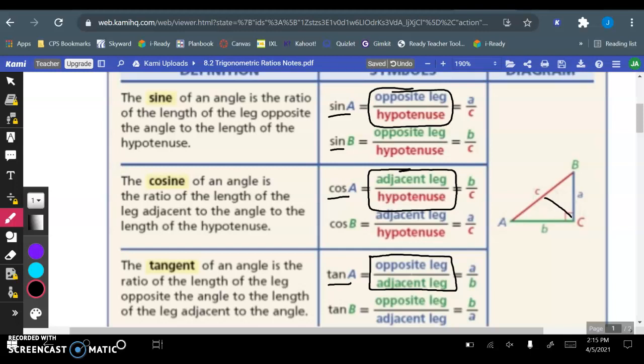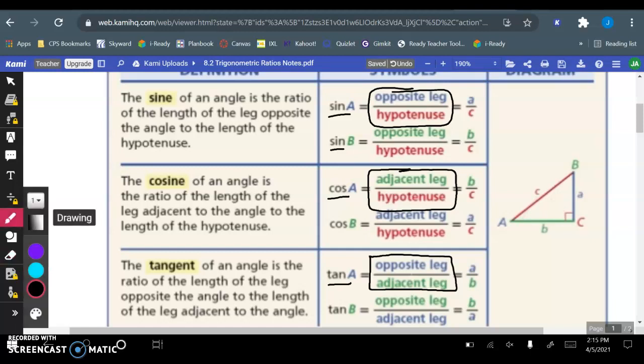So we'd have hypotenuse over hypotenuse, and that would just give us a 1, and that doesn't help us. So if I did angle A here, the opposite would be side A, and the hypotenuse is C. Hypotenuse is always across from that 90-degree angle.